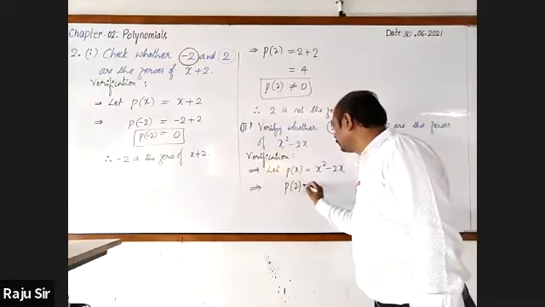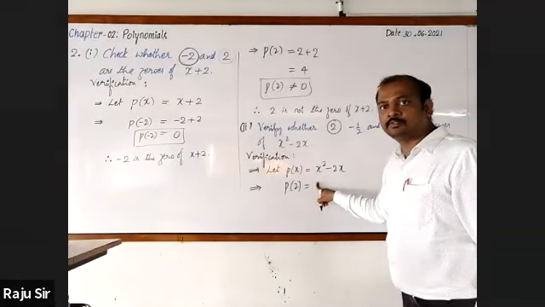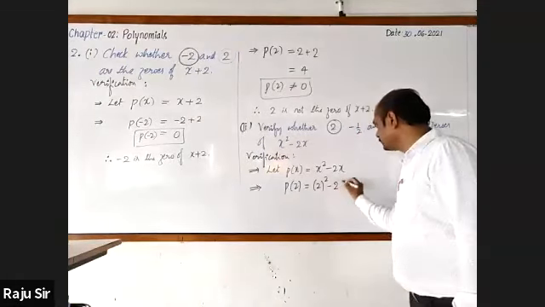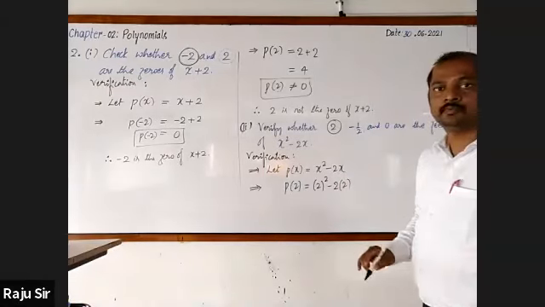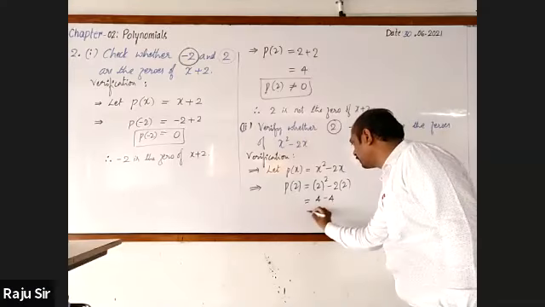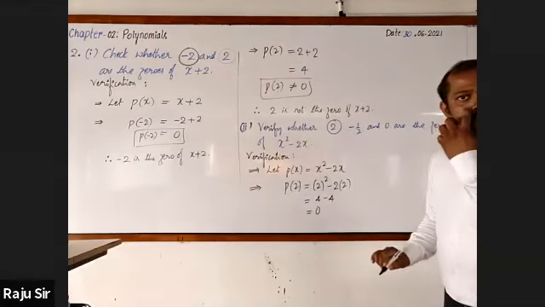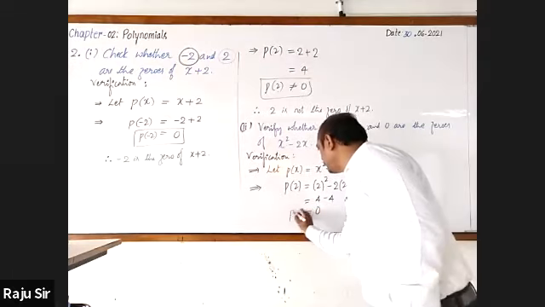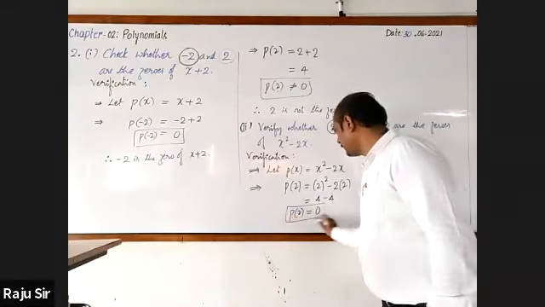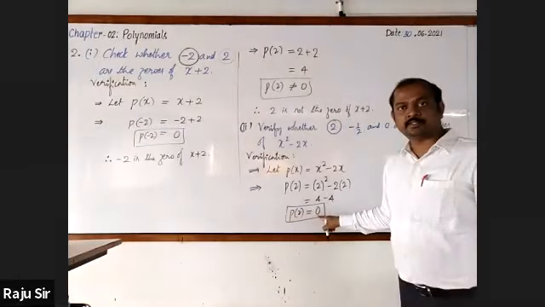P of 2 is equal to 2 whole square minus 2 into 2, which is 4 minus 4. 4 minus 4 is 0. So P of 2 is 0. The value of the polynomial is 0.